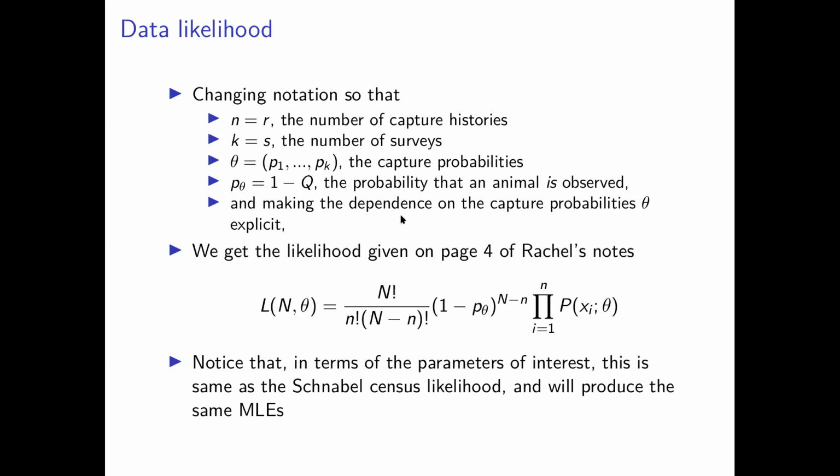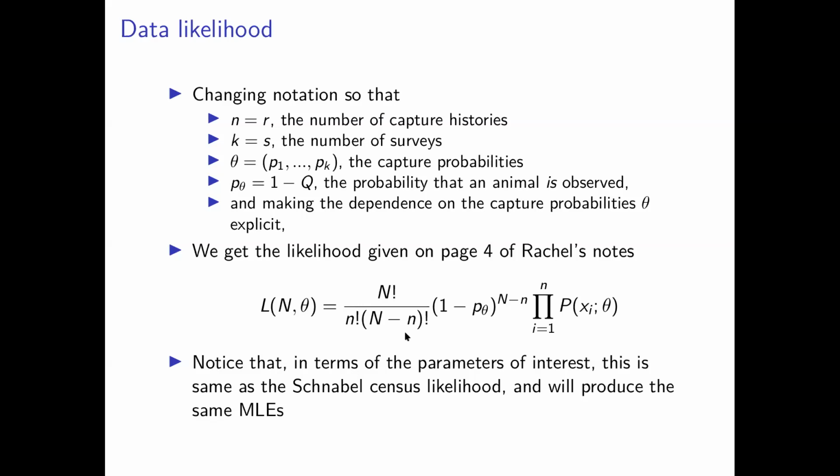And we're also going to make the dependence on the capture probabilities theta explicit. So now we get the likelihood, which is given on page 4 of Rachel's notes. So this is just the expression on the previous slide, but now we're writing it in terms of a likelihood instead of a probability distribution.